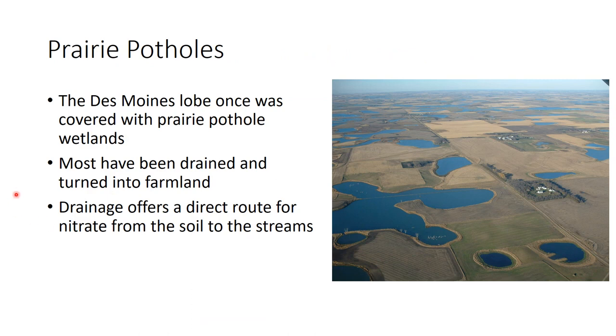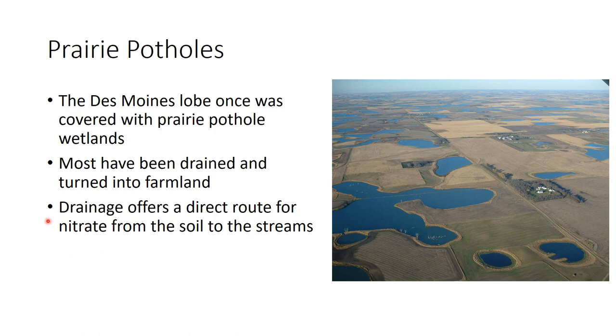So for some more context, the Des Moines lobe was once all prairie potholes, and most have been drained and turned into farmland. So in this picture, you see there's prairie potholes, and most of them are still in existence. But in most of that part of Iowa, these have all been drained with tile lines or ditches, and they've been put into crop production.